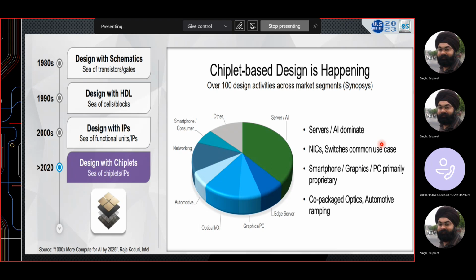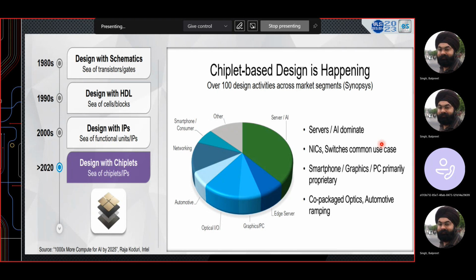Then the 2000s were all about IP: a huge number of companies played in an ecosystem, developing IPs and integrating them in a single SoC to get complex functionality. That was the trend in the 2000s.